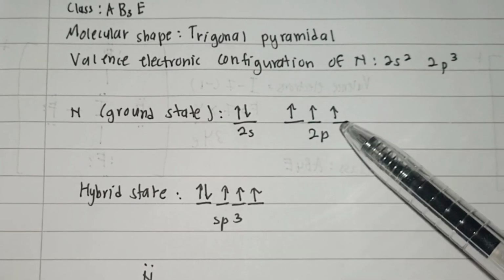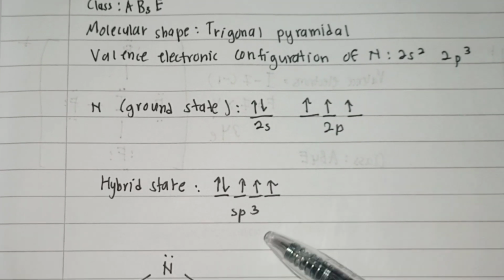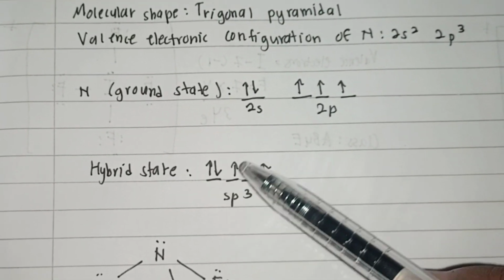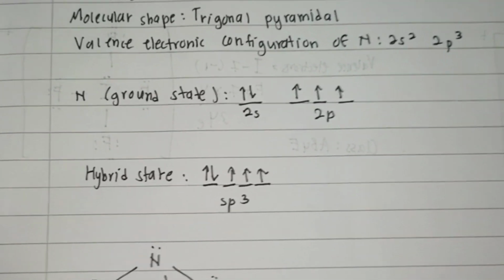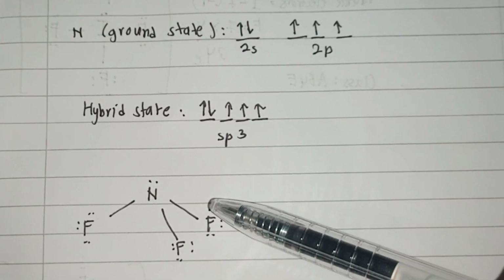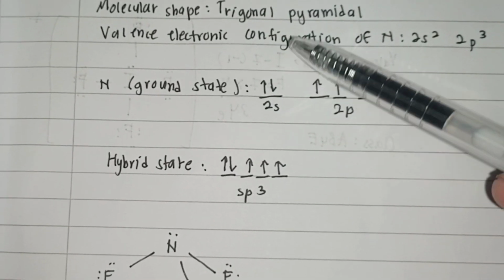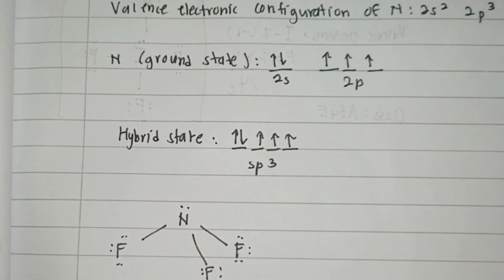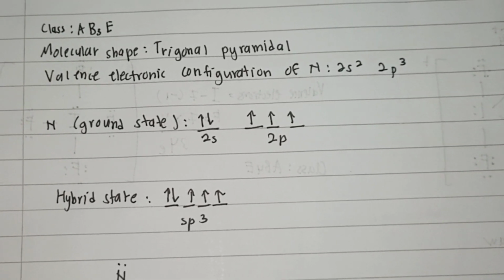At the hybrid state, we just combine all of these orbitals together, and we get sp3 hybridization, because it has 1, 2, 3, 4 orbitals, which indicates sp3, and 4 electron domains. Lastly, we draw the molecular shape, which is trigonal pyramidal, with N in the middle with a lone pair and 3 branches of fluorine atoms. So I think that's all on how to solve this B question.